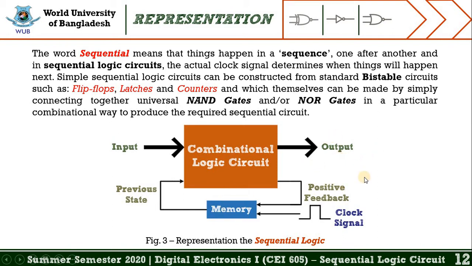And in the right side you may find three things. On the upper right section you may find the output. After that, in the middle of the right section you may find positive feedback, and in the lower right section you may find the clock signal, which acts as an input into the memory element.